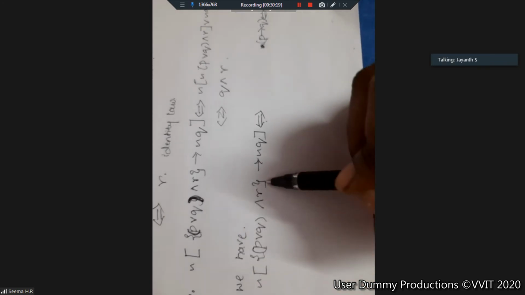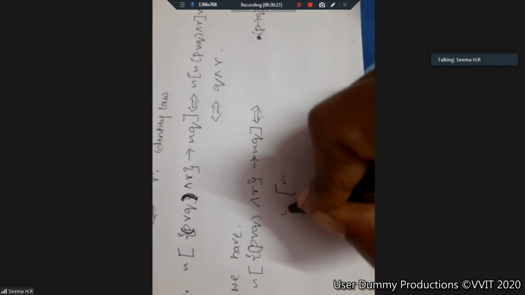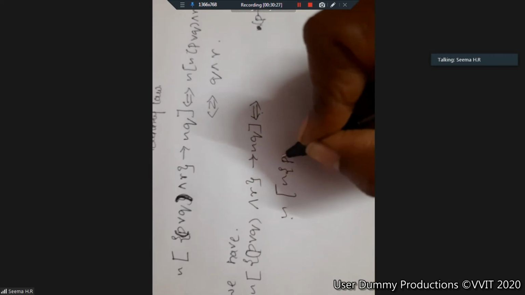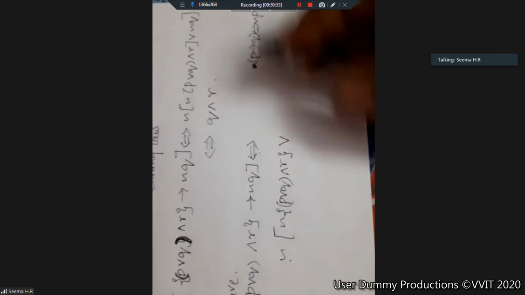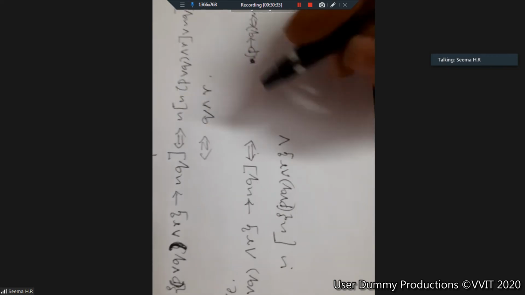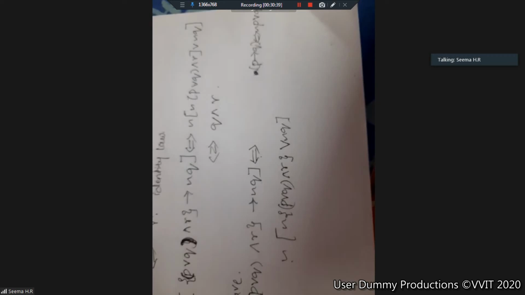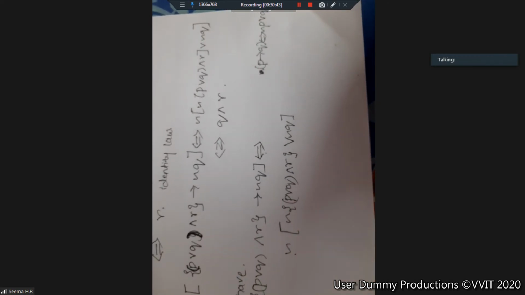P or Q and R. So this has to be negation. I have kept negation outside. Instead of Q, I'm having negation of Q, so I will be writing the same thing. Is it okay? Yes, ma'am.